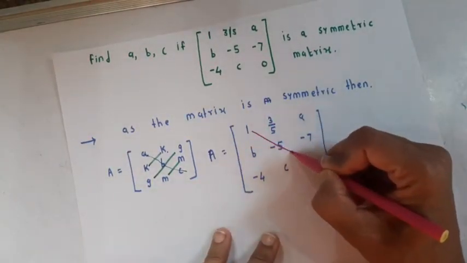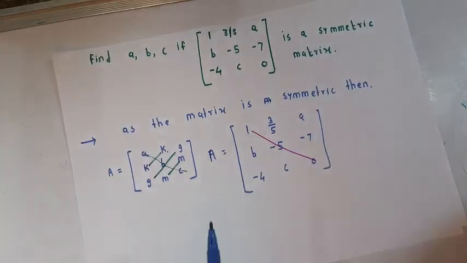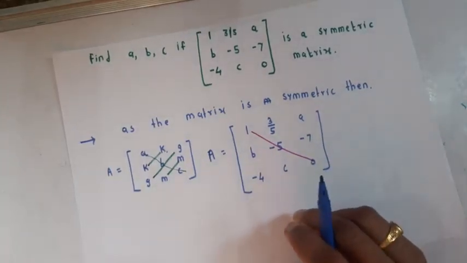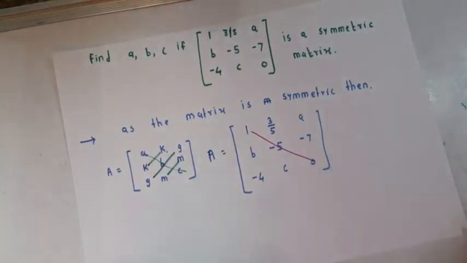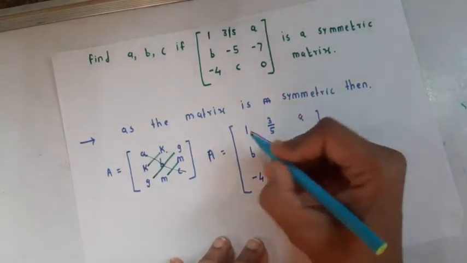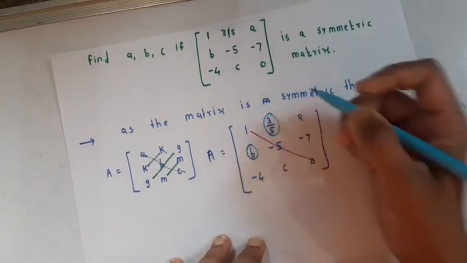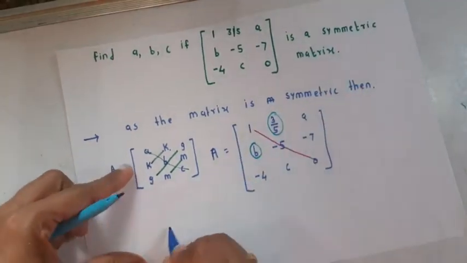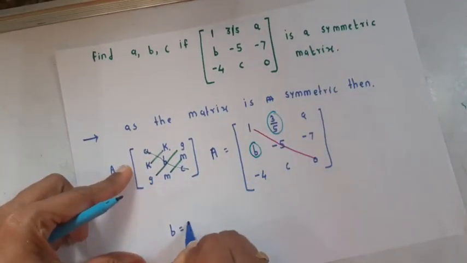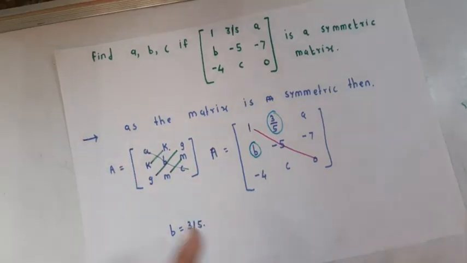Suppose these are the diagonal elements, and as the matrix is symmetric, this element is similar, means B is similar with this, and therefore the value of B equal to 3 by 5.